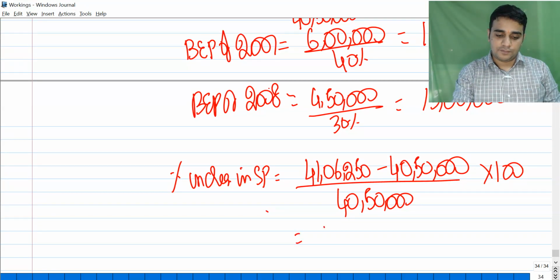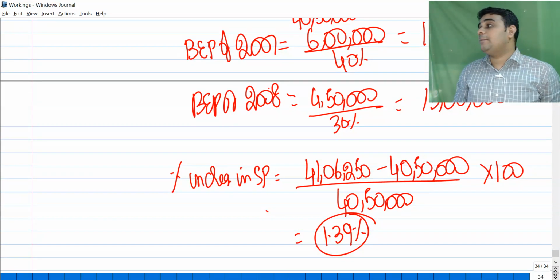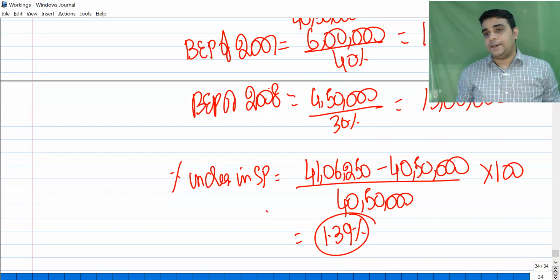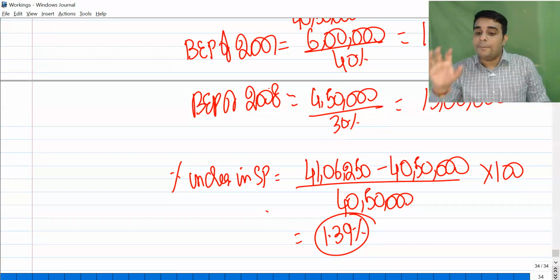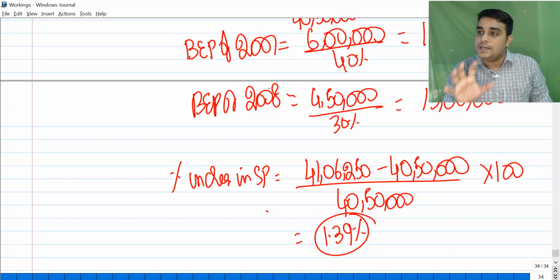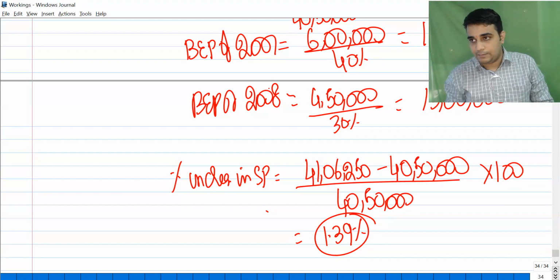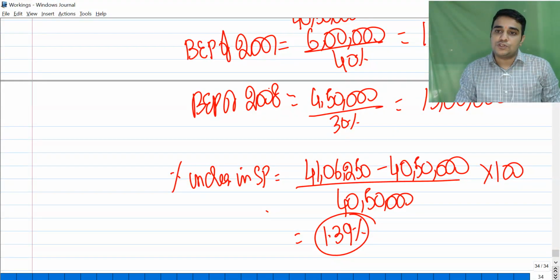How much? 1.39. So I'll increase the selling price by 1.39% technically. The selling price will go up by 1.39%. This will ensure my net profit margin continues to be 20%.